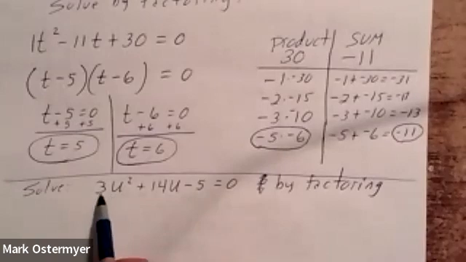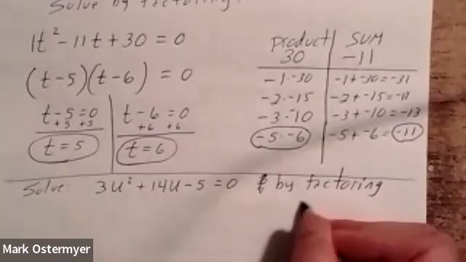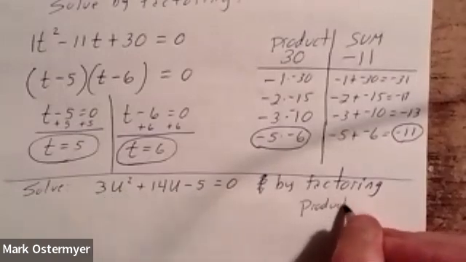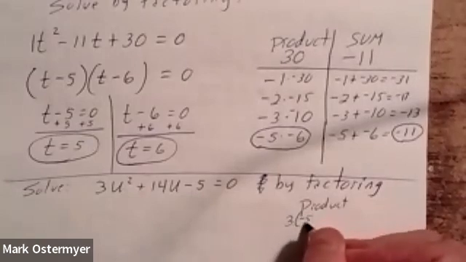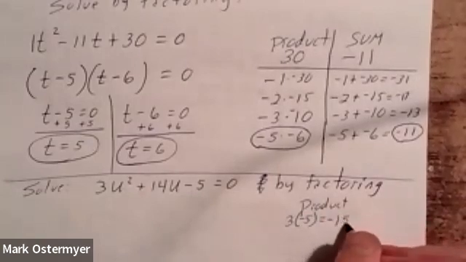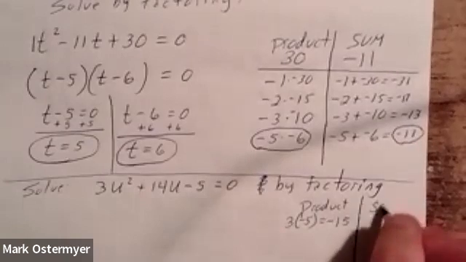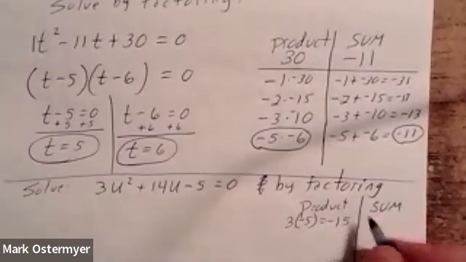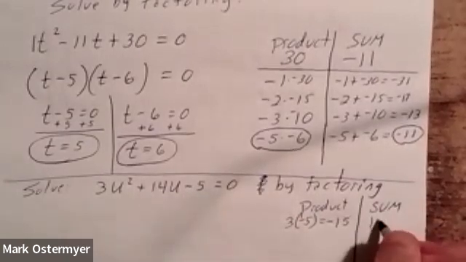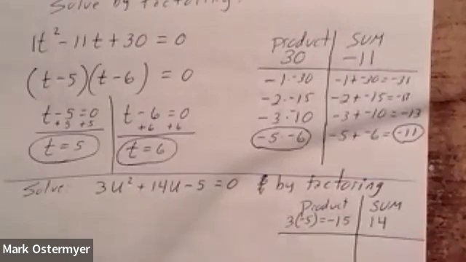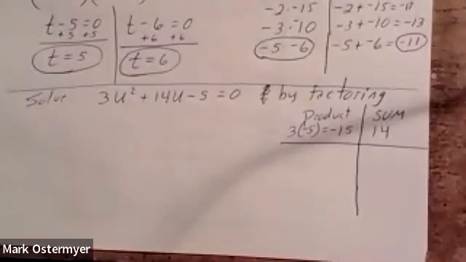So we kick this off by taking 3 times negative 5, which gives us a product of negative 15. We now are searching for a couple of factors that sum up to the middle coefficient of positive 14. Can you help me out here? Give me a couple factors of negative 15 that add up to 14.